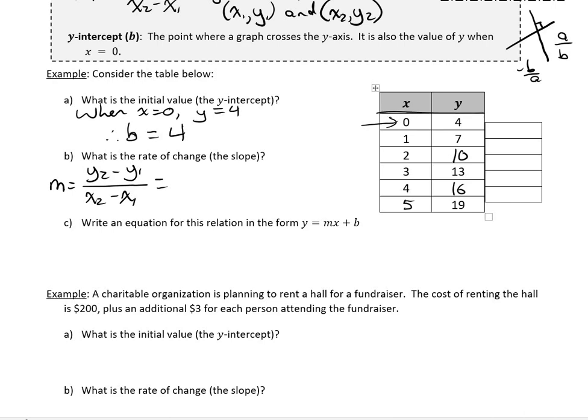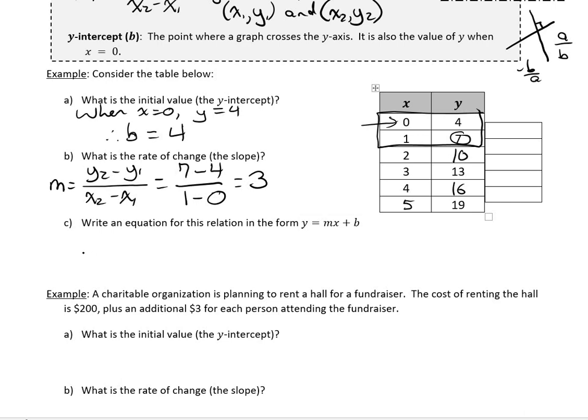I am going to take the first 2 points because they have the smallest numbers. So y2 would be the y of my second point, 7, minus y1, which is 4. And x2 has to be the one that's with y2, so that's 1 minus x1, which is 0, which gives us 7 minus 4 is 3 divided by 1. 3 divided by 1 is 3.